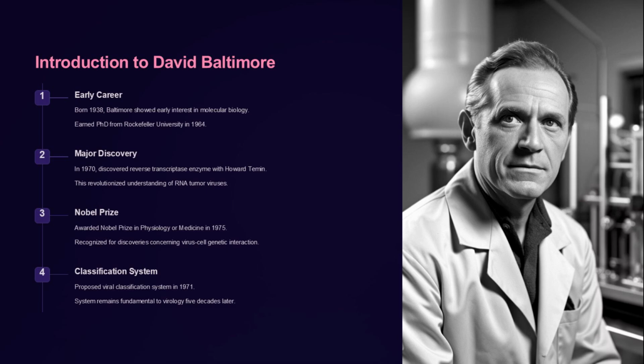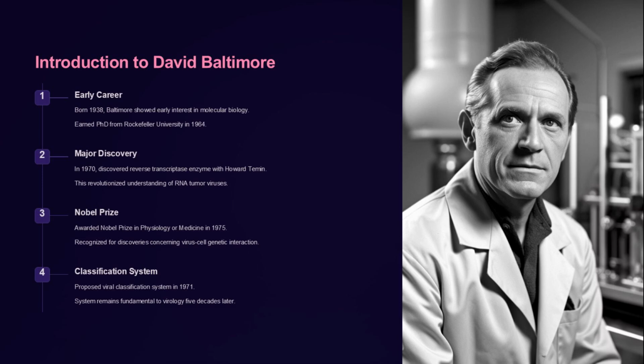field. David Baltimore was a pioneering molecular biologist who made groundbreaking discoveries in the 1960s and 1970s. He was born in 1938 and showed an early interest in molecular biology, earning his PhD from Rockefeller University in 1964. In 1970, he co-discovered the reverse transcriptase enzyme with Howard Temin, which revolutionized the understanding of RNA tumor viruses.